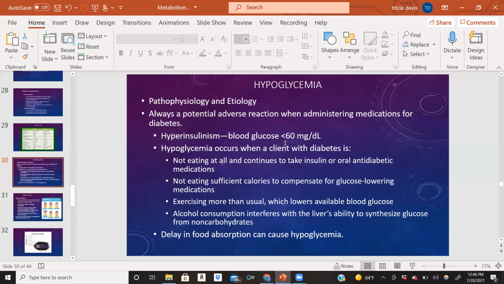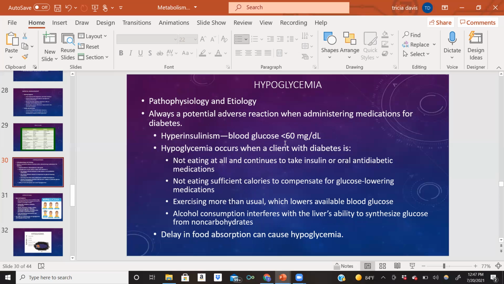We see the development of hypoglycemia in patients that have diabetes that don't eat at all, but continue to take insulin or anti-diabetic medications. We see it occur if they are not eating sufficient calories to compensate for their glucose-lowering medications. We see it with patients who exercise more than usual because it lowers the available glucose that we have.